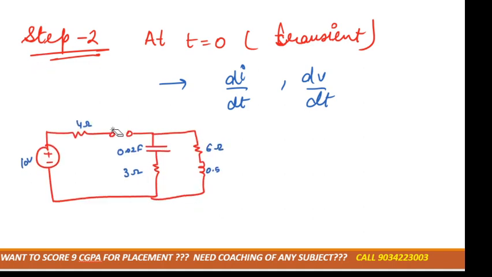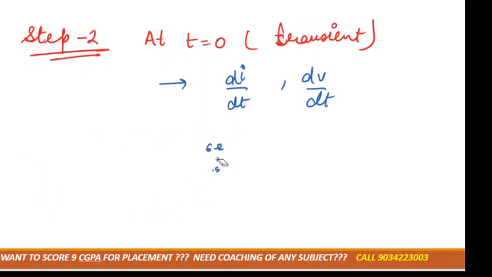so if it is open, then there is no role of this 3 ohm, right? And this capacitor also. So rub that. No, sorry, if there is open circuit, sorry, by mistake I did it wrong.